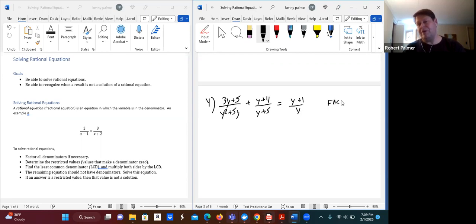So once again, we want to factor our denominators. Okay, the only one that actually factors is this one. This one's going to become y times y plus 5 if we factor out a y. Okay, now let's go find our restricted values.